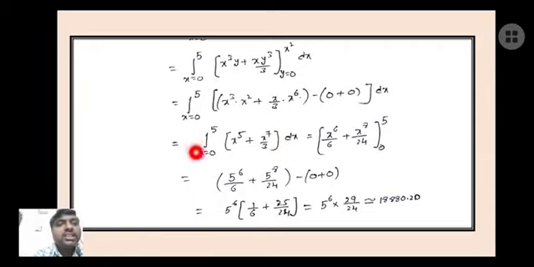Now I take the integration of this function with respect to dx: x power 6 by 6 plus x power 8 by 24 under the limits 0 to 5. Replacing the upper and lower limits and simplifying, the value is 5 power 6 into 29 by 4.